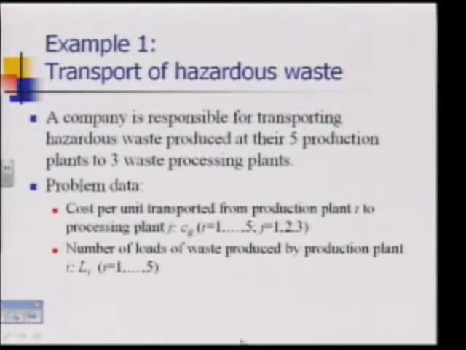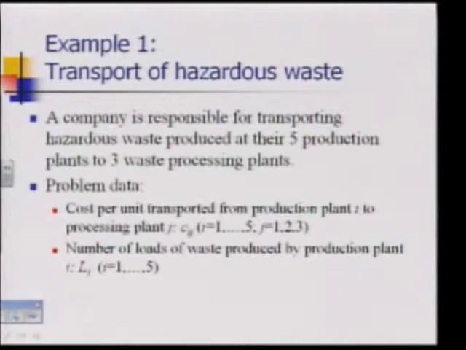Okay, so we are going to get into some examples to give you some idea how optimization problems can be formulated mathematically. The first example is about transporting some hazardous waste. A company is responsible for transporting some waste produced by 5 production plants to 3 waste processing plants.